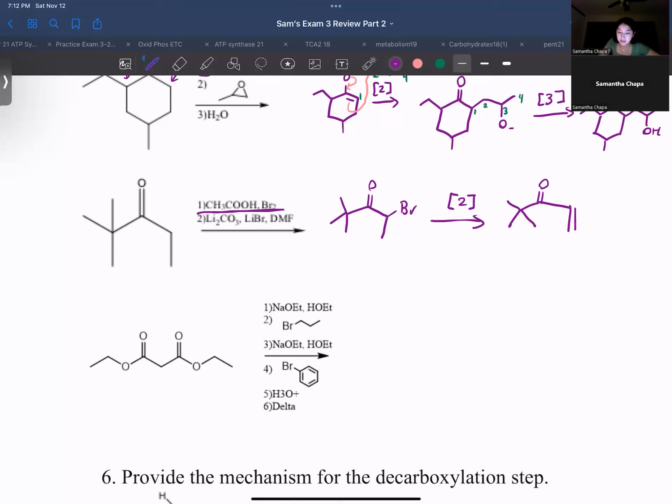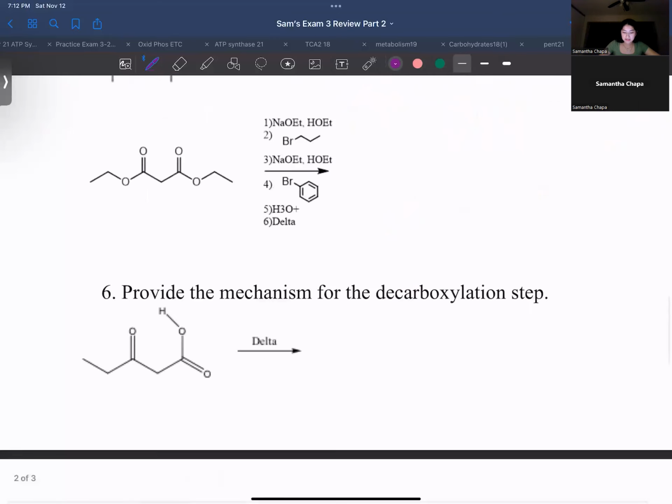So I do my elimination reaction and I get an alpha-beta unsaturated compound. And this is something you're always going to get when you have a reaction with these 2 consecutive steps.